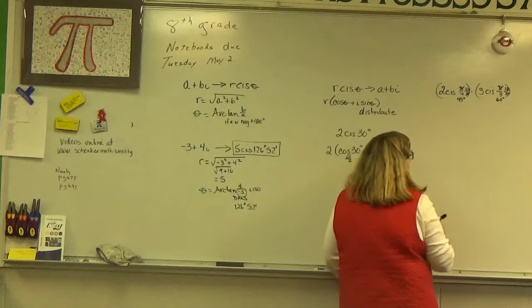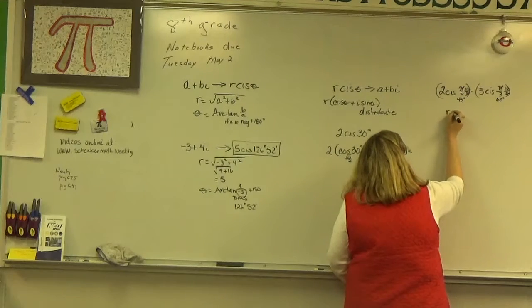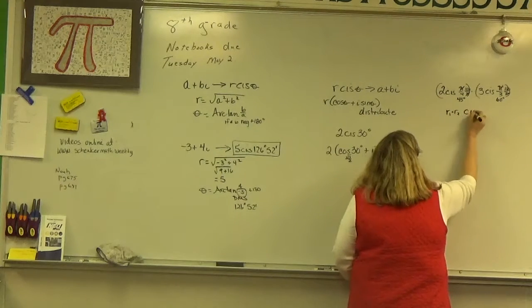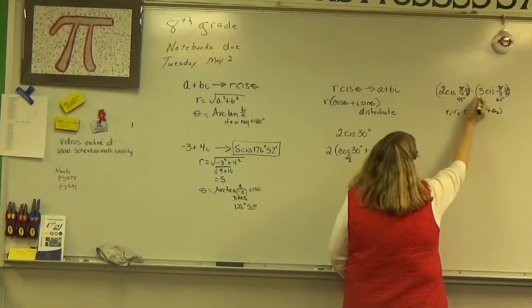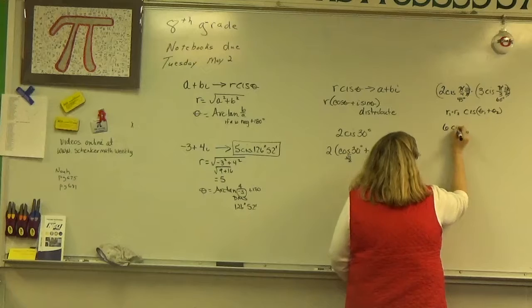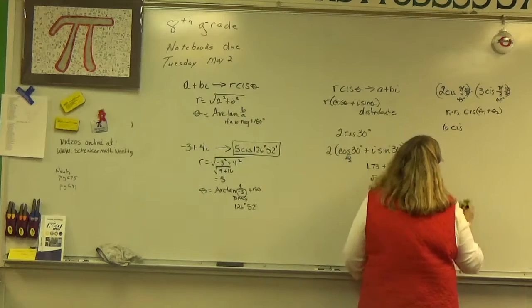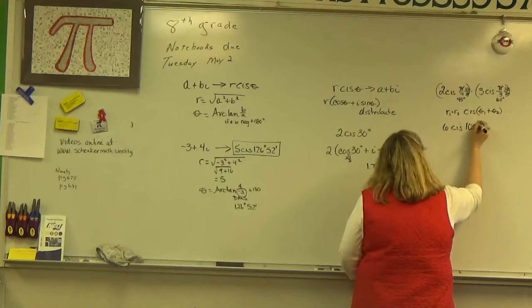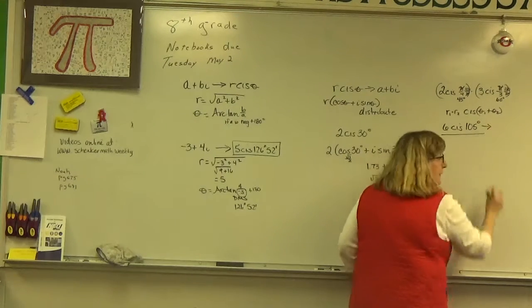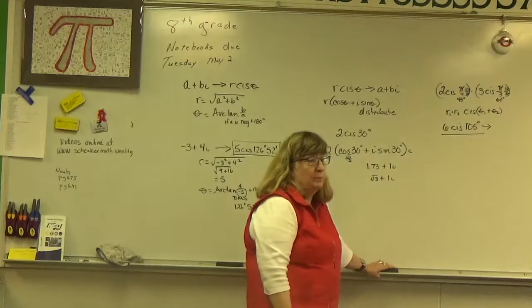So now, in a product, you multiply the r's and you add the angles. So 2 times 3 is 6 cis, and if I add the angles, what's 45 plus 60? There's your first answer. How do I get the a plus bi answer?